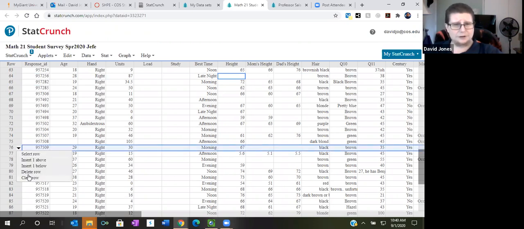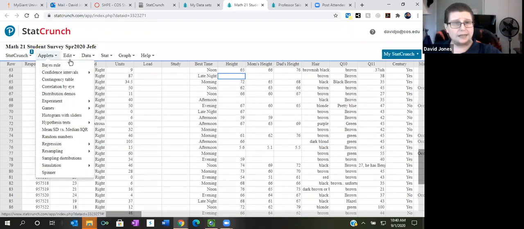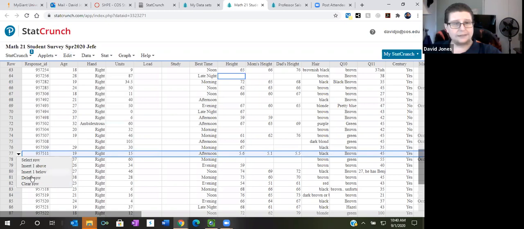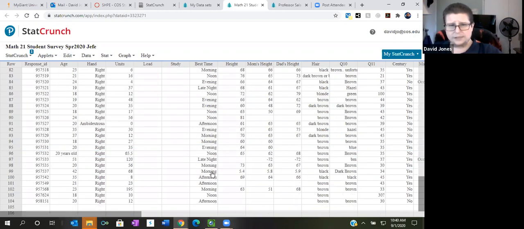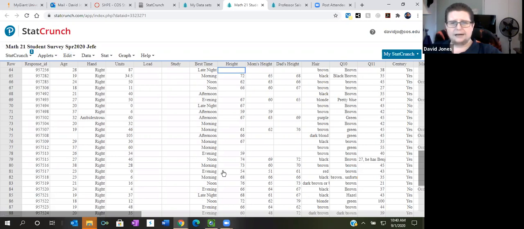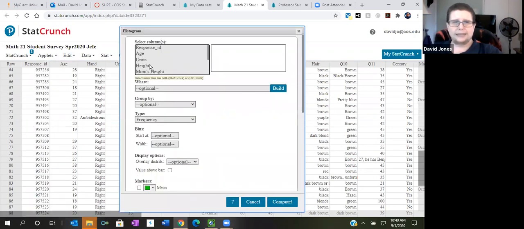The decimal's throwing me off. I'm going to delete that one. Oops. Edit, undo, delete. I deleted the wrong one. Delete that one. Any others? There's a 5.4, 5.4. All right, now I'm going to redo that histogram, take a look at it. Then we'll look at the IQR.